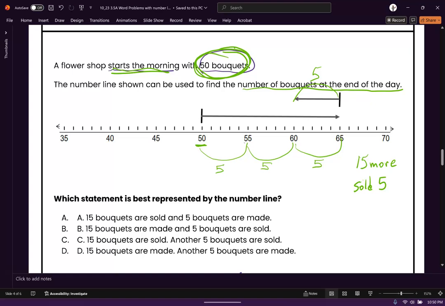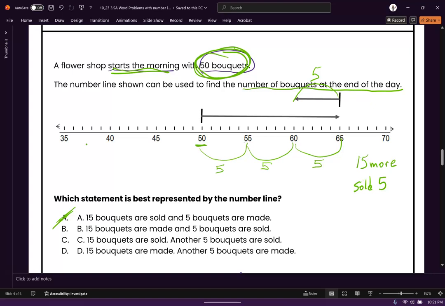Okay, so let's take a peek at our answers now. Which statement is best represented by the number line? A. 15 bouquets are sold. Wait a minute. We didn't say 15 were sold. We said they made 15. So A is out. B. 15 bouquets are made. Yes, we said 15 bouquets are made. And 5 bouquets are sold. We said 5 bouquets were sold.